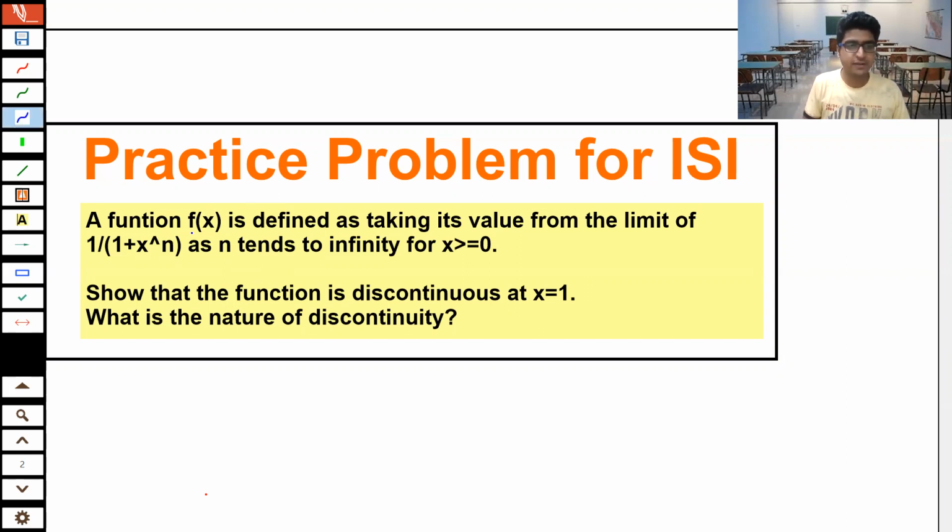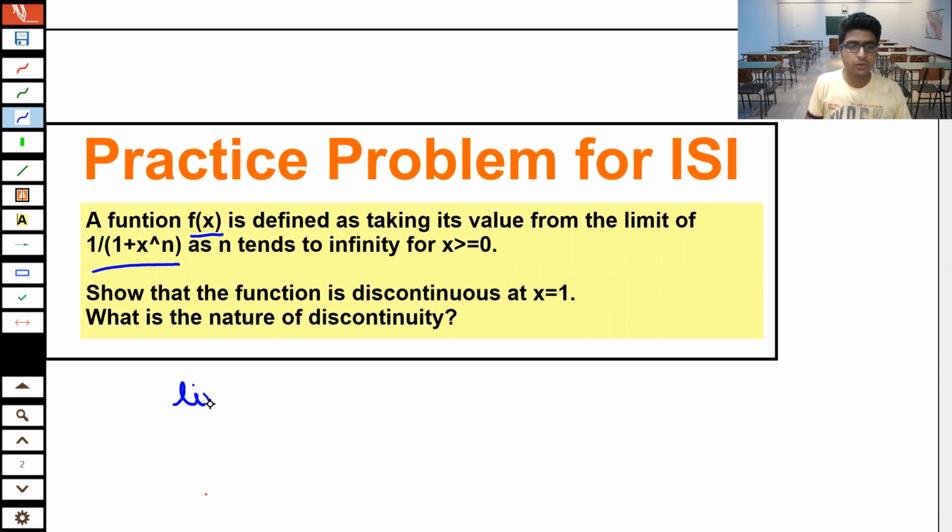A function f(x) is defined as taking its value from the limit of 1 by (1 plus x to the power n) as n tends to infinity, and it is defined for positive x.